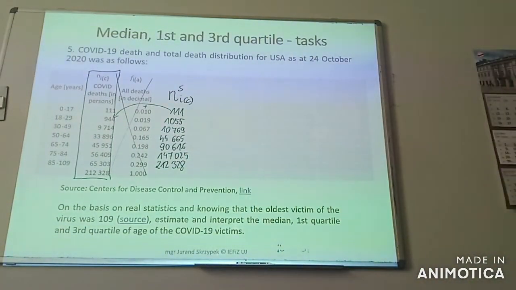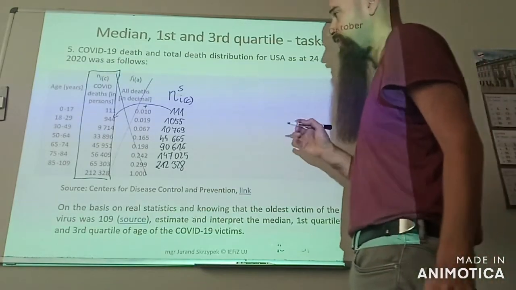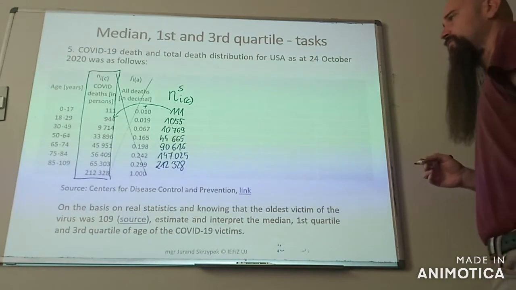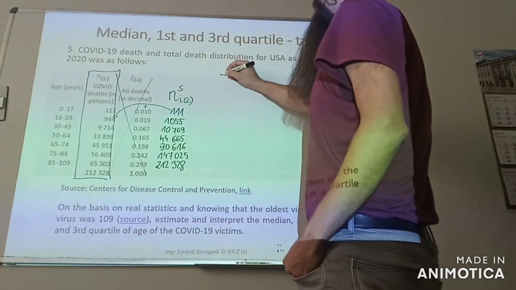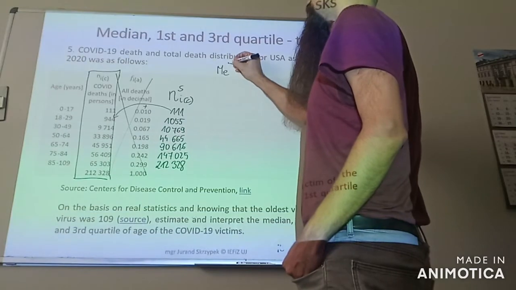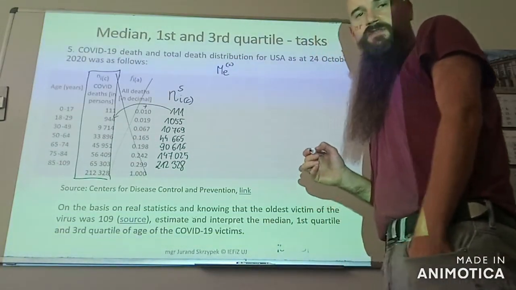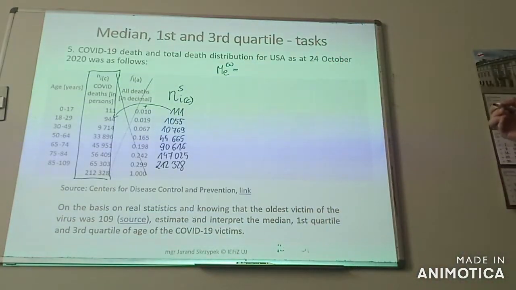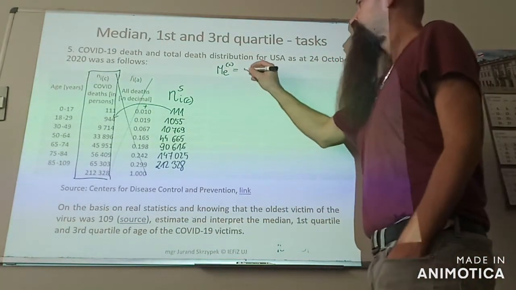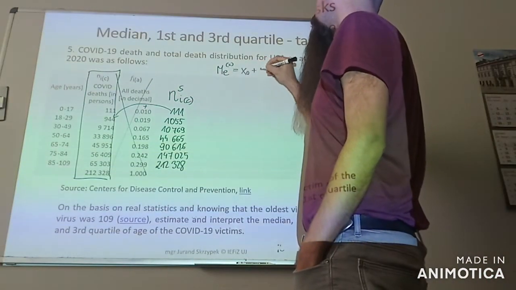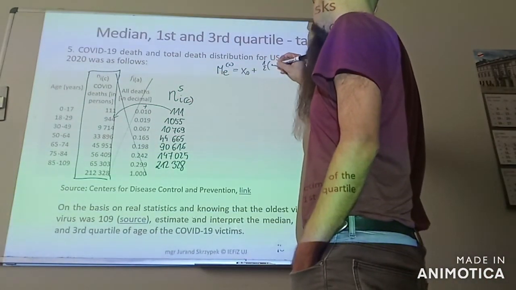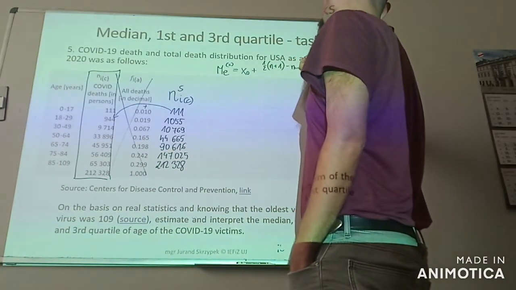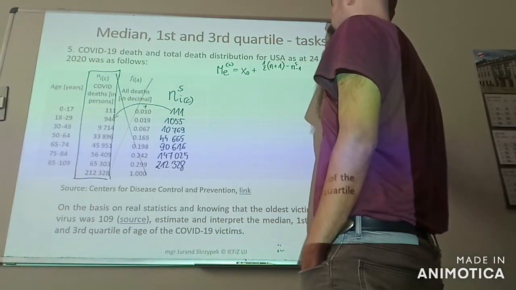Okay. And now we are able to compute, for example, the median. As you know, the median of age of COVID victims is described by the formula x0 plus a half multiplied by, in a bracket, n plus 1 minus ns minus 1.